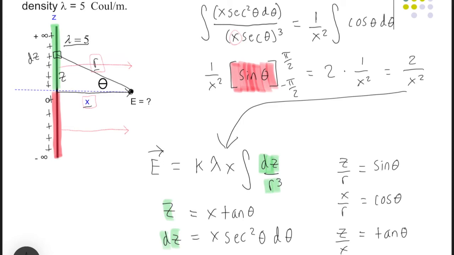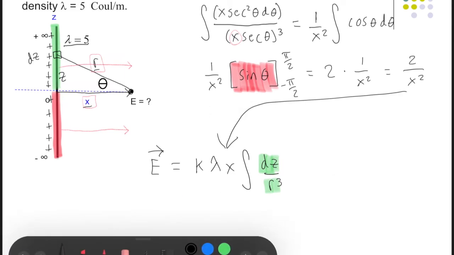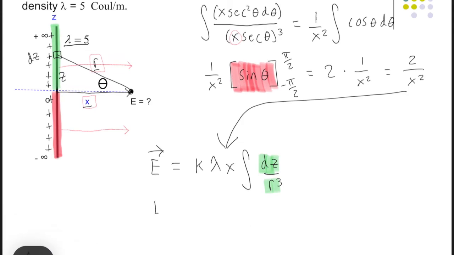What we end up getting at the end is that the E field is equal to k lambda x times 2 over x squared, x hat, because we are going in the x direction. And we can equate that to lambda over 2 pi epsilon naught, x hat. So where did my k go?